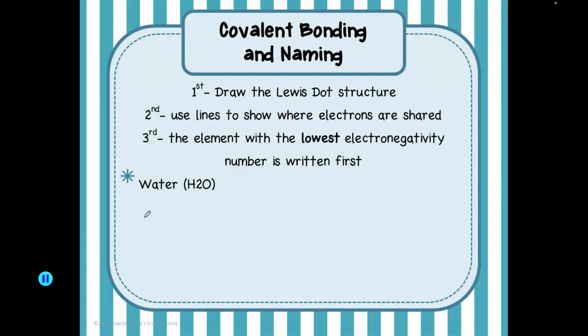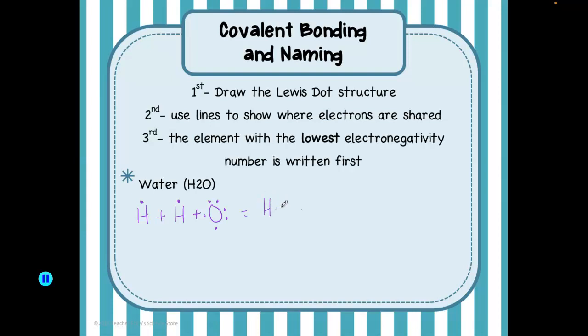So this one we're going to do is H2O, or water. So we have H plus H plus O, and we're going to draw the valence electrons. Hydrogen has 1, and oxygen has 6. Now there are a couple ways I can draw this.